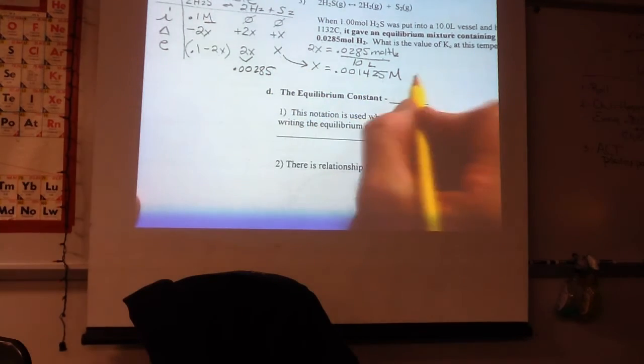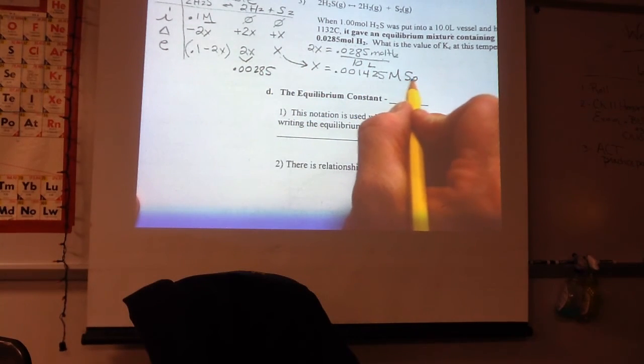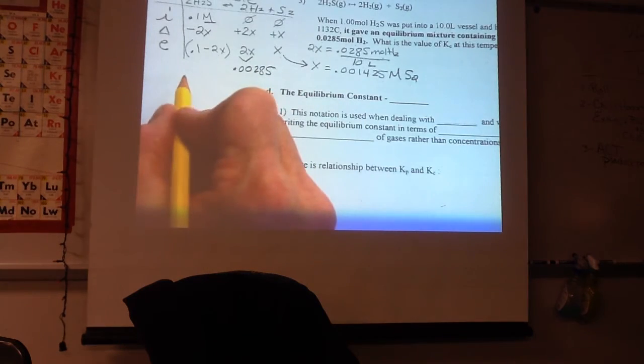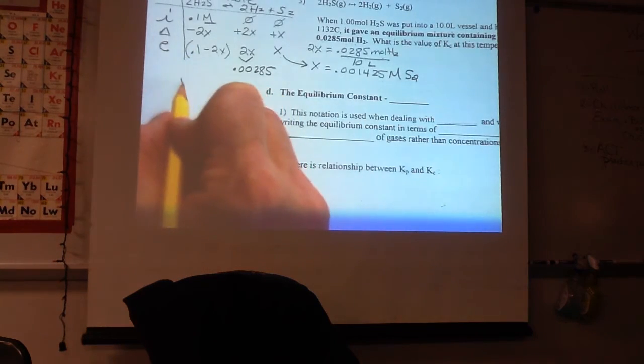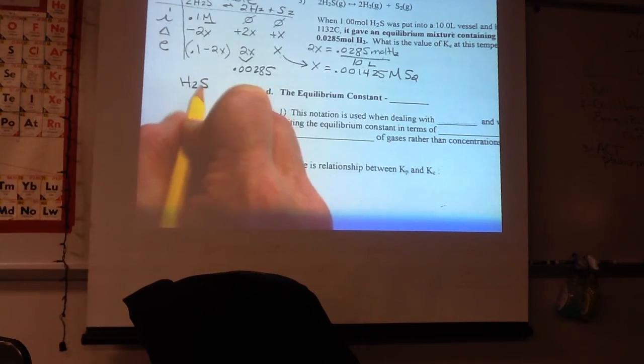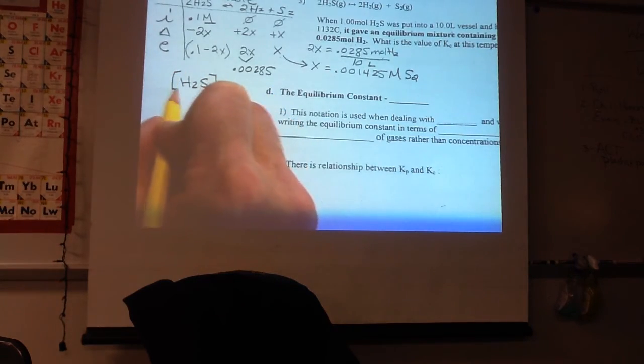This x value is the moles of S2 that I have. And then for the H2S at equilibrium, the way I note it is this.